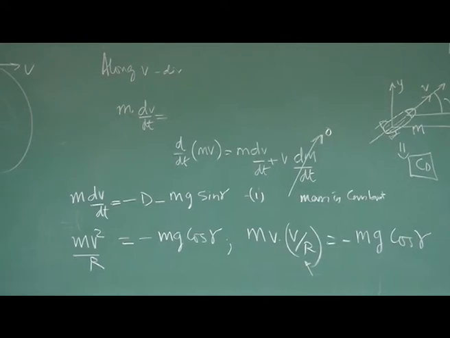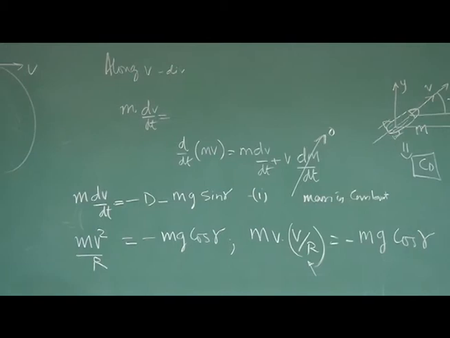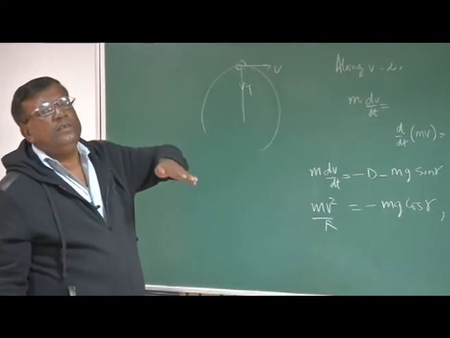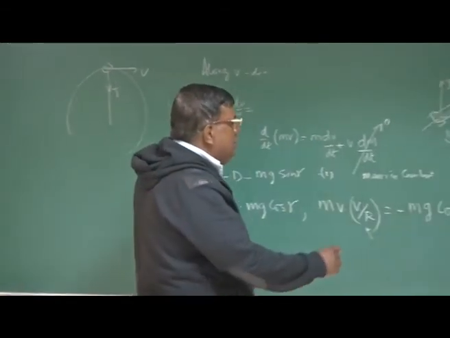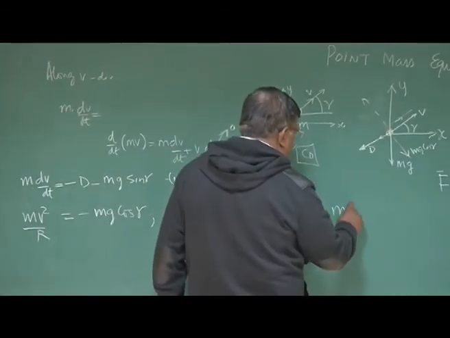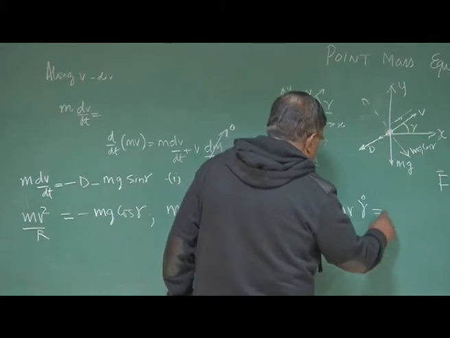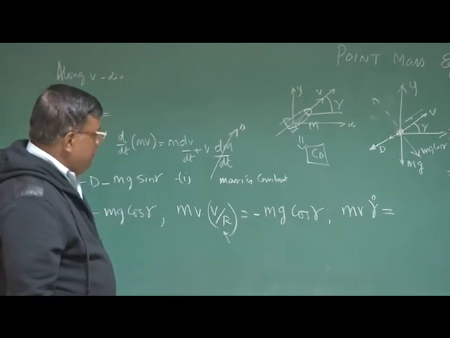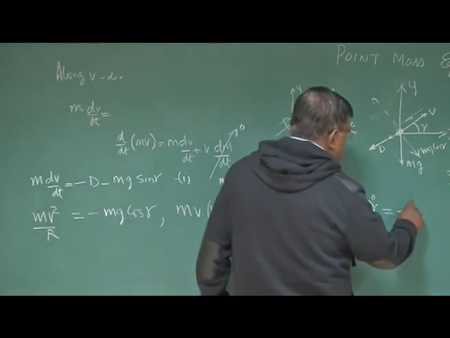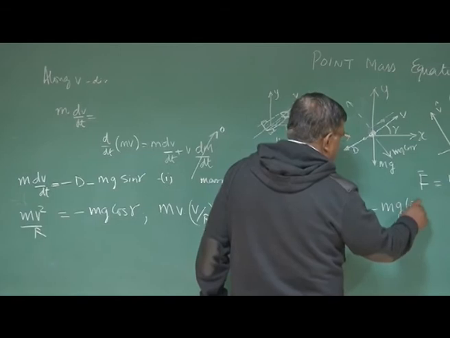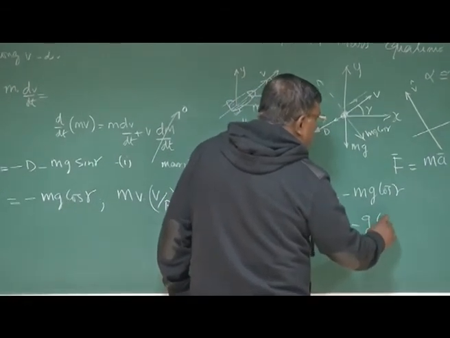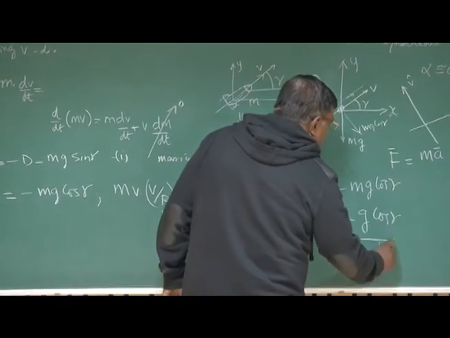And since the angle of attack is say 0, whatever the rate at which the velocity is turning, by this assumption, it is the same rate at which the axis of the projectile is also turning. So we call it now mv into gamma dot, that is the angular speed with which the velocity vector is turning, is equal to minus mg cos gamma. So you get gamma dot equal to minus g cos gamma by v.